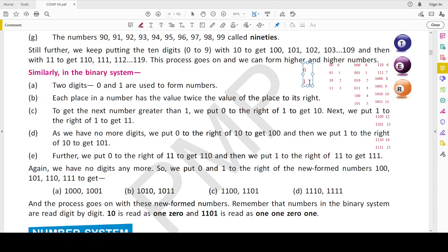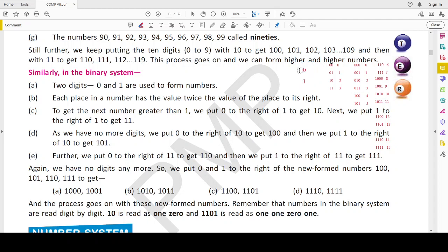So let's see how they are formed. If you have only 1 digit, that is a 1-bit representation, 1 place, then you can represent only 2 numbers, 0 and 1. Now if you want to represent more than 2, you need to take another bit and place another 0 over here, by which you will get 00 and 01.